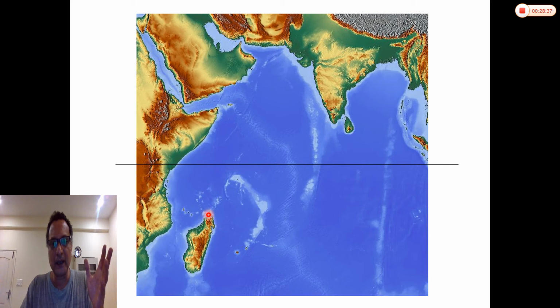But Madagascar has been isolated for 85 million years, totally isolated from Asia, from Africa. It's actually quite close to Africa.